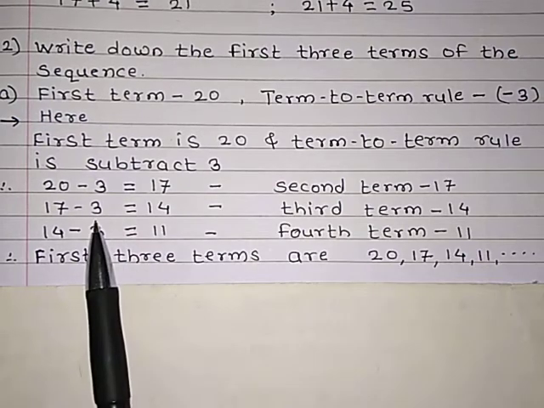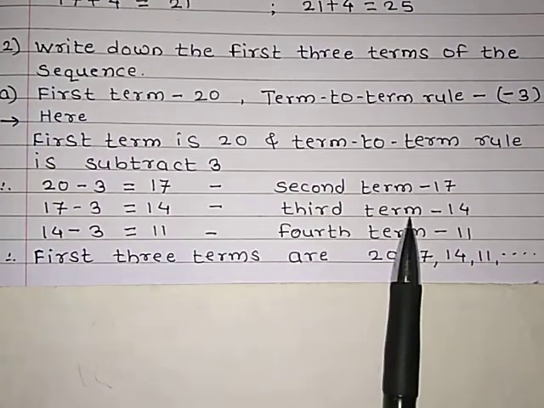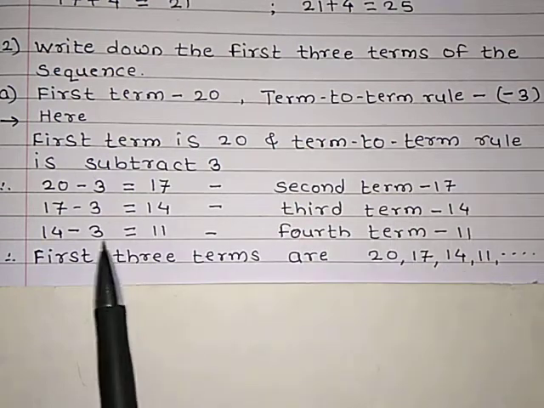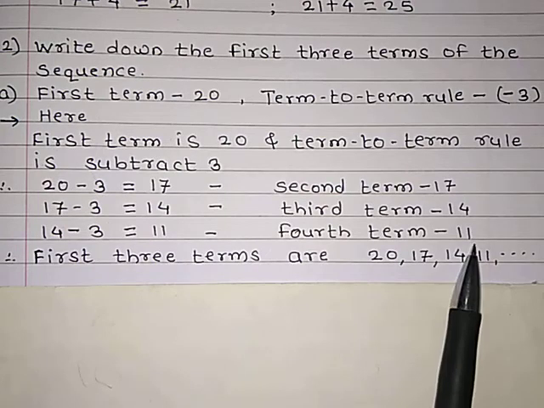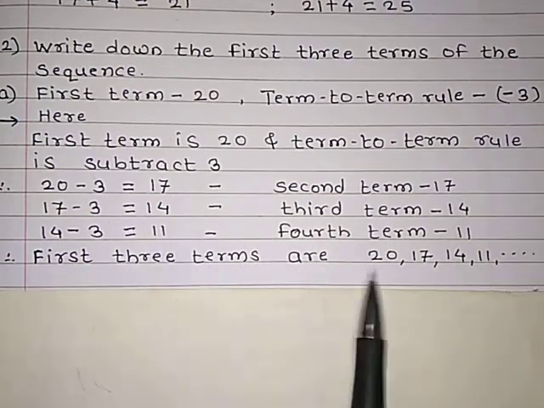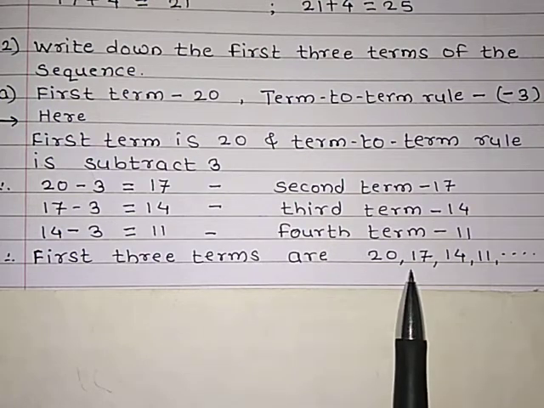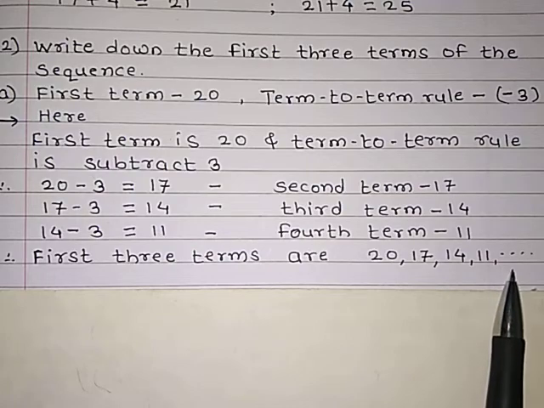Now 17 minus 3 gives 14, the third term of the sequence, and 14 minus 3 gives 11, the fourth term. Therefore the terms of the sequence are 20, 17, 14, 11 and so on.